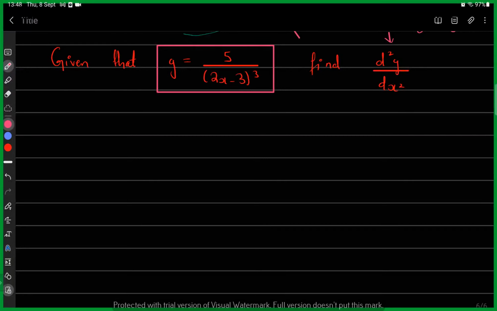Yes, I find -30 over 2x minus 4 to the power 4. One second only. I think I did. So just try doing that once again. Do you need to differentiate it twice?